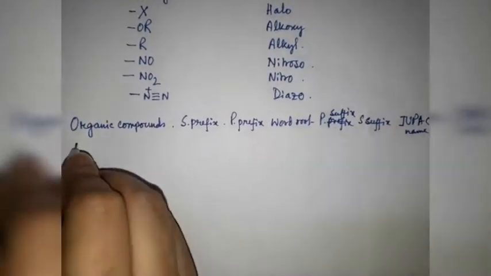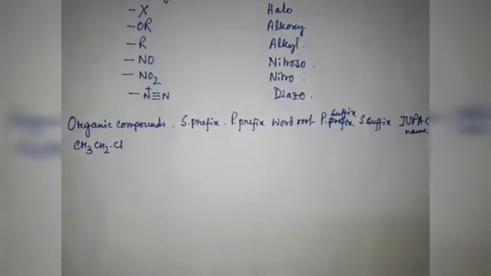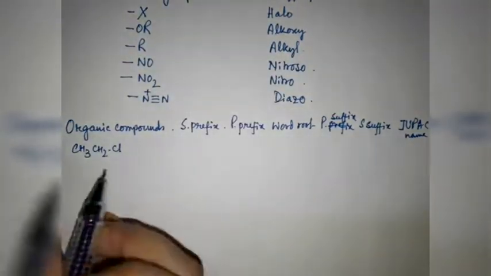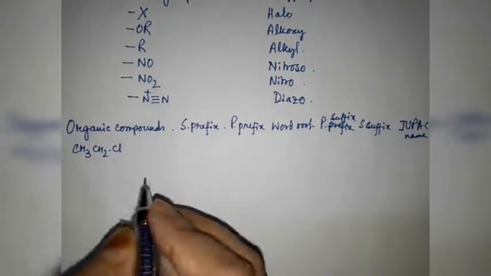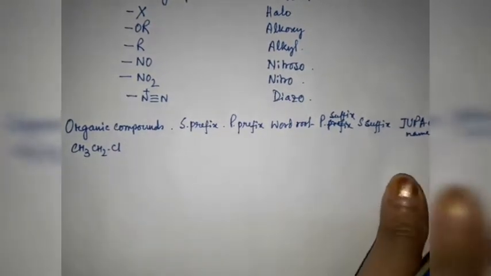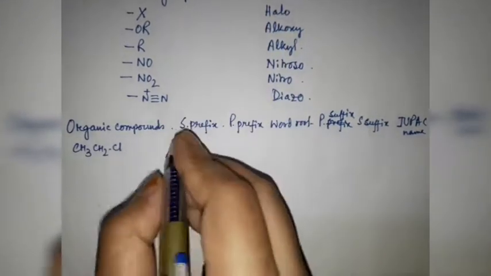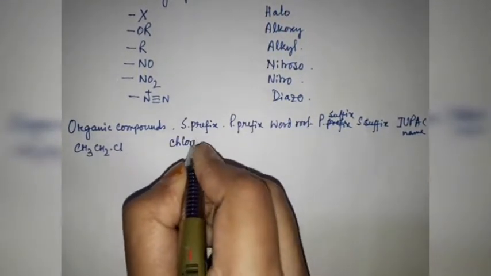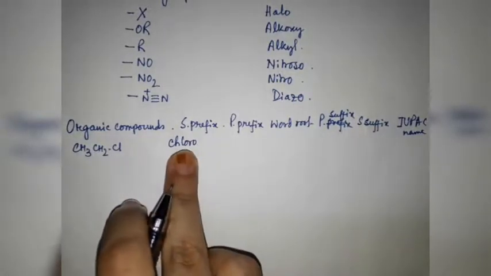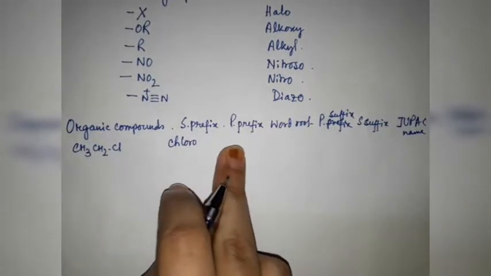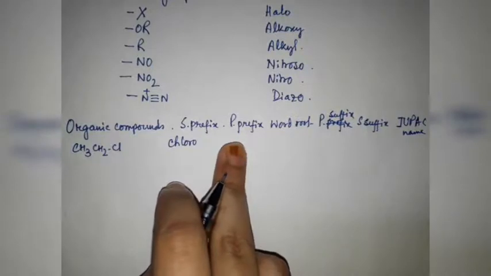Okay, so for example, I am taking this one, CH3CH2Cl. So whenever we are considering this compound, at first secondary prefix, right? So this is the halogen atom. So for halo, we can write chloro for this one. So chloro will be the secondary prefix. Okay. Now primary prefix. Primary prefix means this has to be cyclic for any primary prefix.